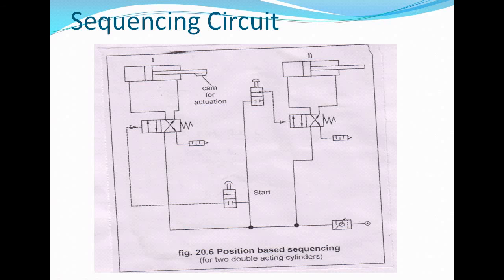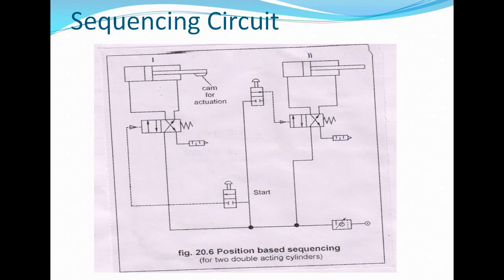At the same time it will come here, and since this push button is not operated, again it will go here. Since this is also not operated, then it will come here. Again we will be having forward motion for cylinder A, right?